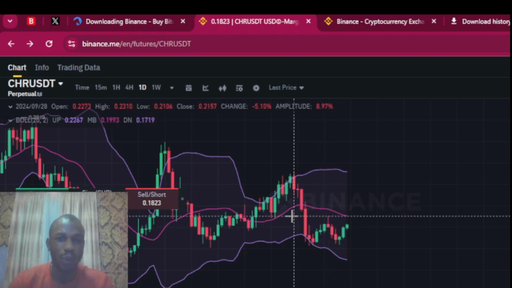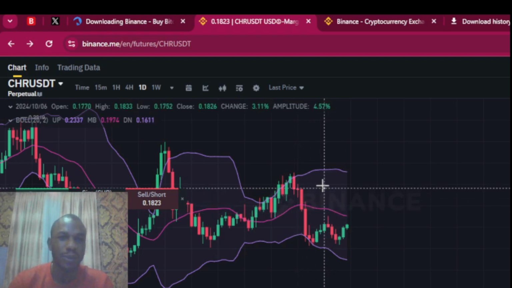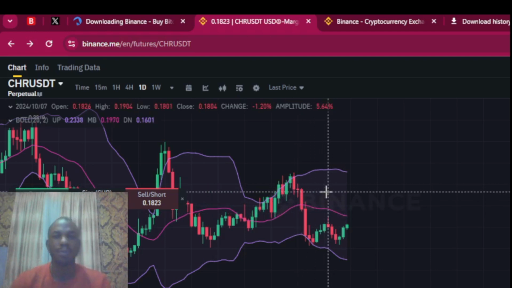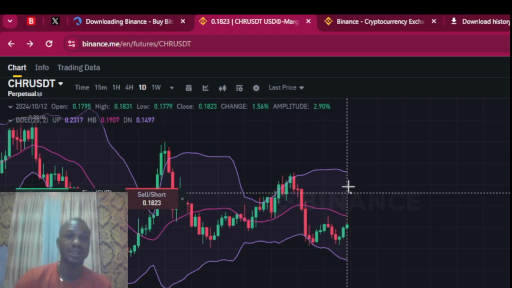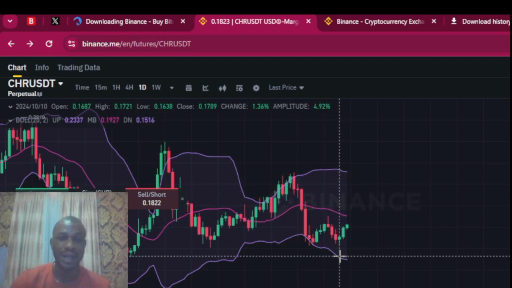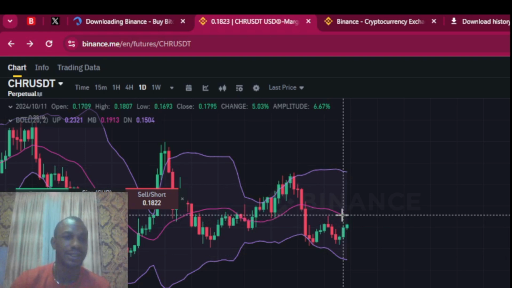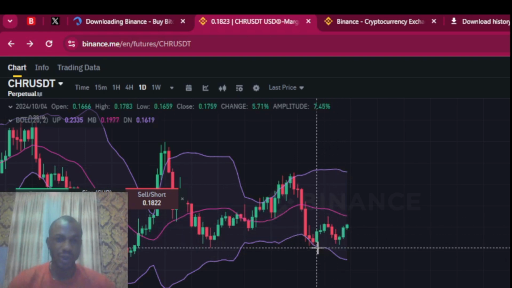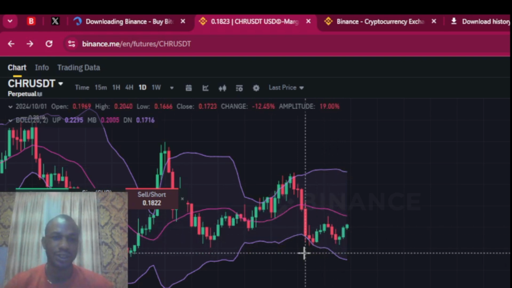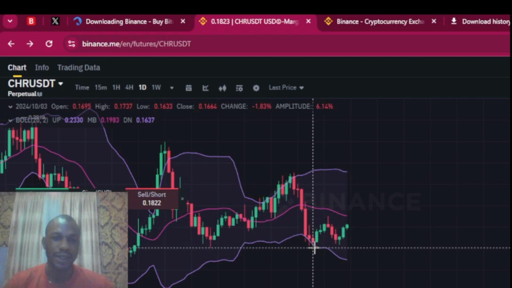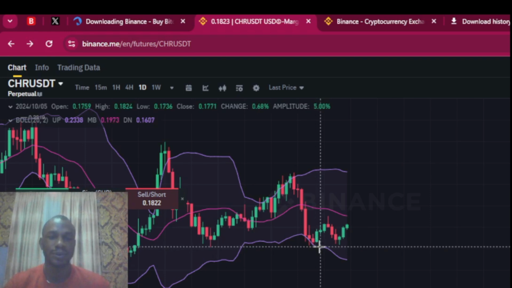So what is this analysis all about? We are going to be making decisions based on these three lines: the lower line, the upper line, and the center line. For most crypto traders, the entry point, which is the lower line, indicates when the market is overbought.